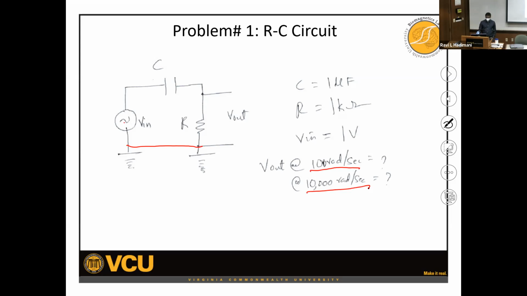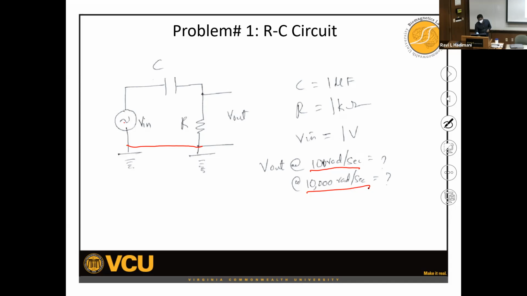Sometimes they might ask you at 40 hertz or at 400 hertz, so you have to convert it into radians per second. Radians per second is the default, or SI unit, of omega, that we saw in our formulas. In this case, it's already in radians.